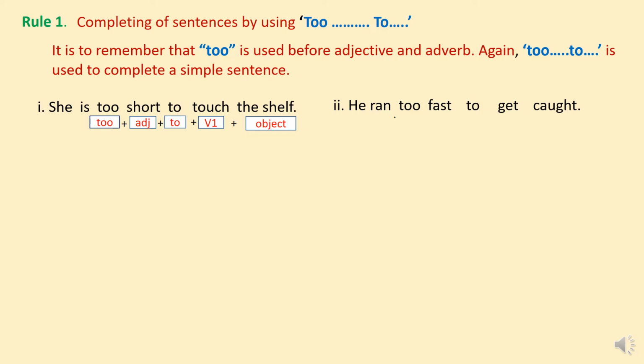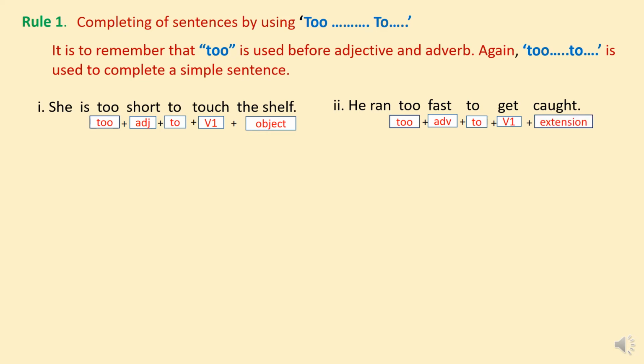Again, in the second sentence we can see he, subject, then ran, verb, plus too, plus fast, adverb, as it is qualifying or describing the verb, plus to, plus get, the base form of verb, that is V1, plus caught, extension.